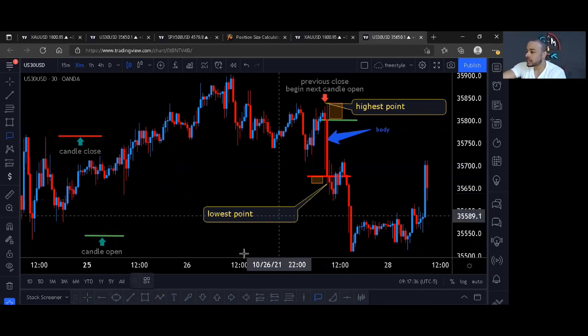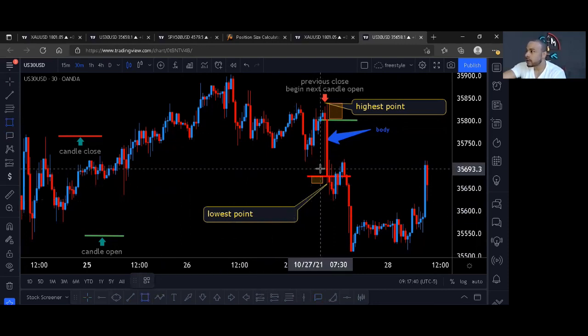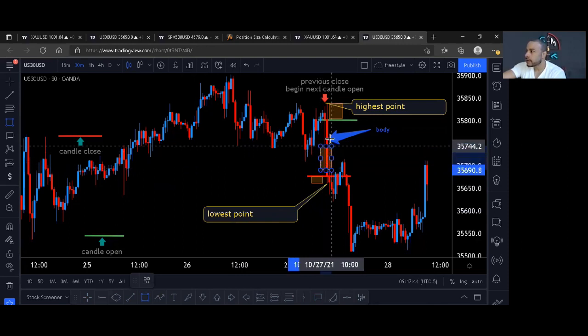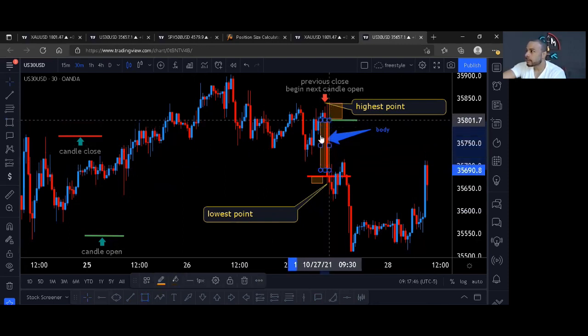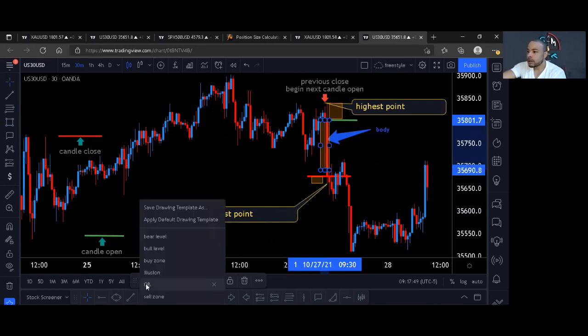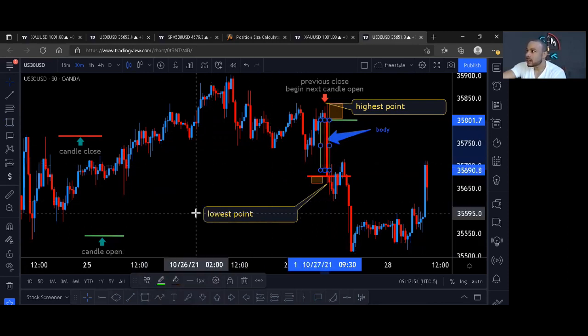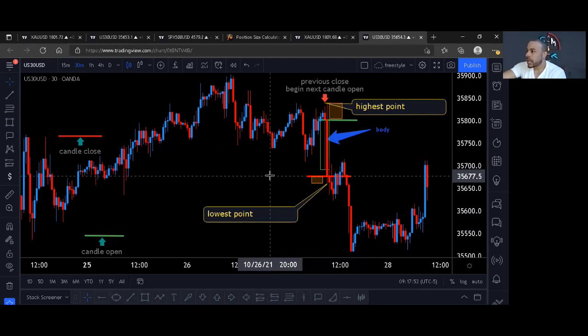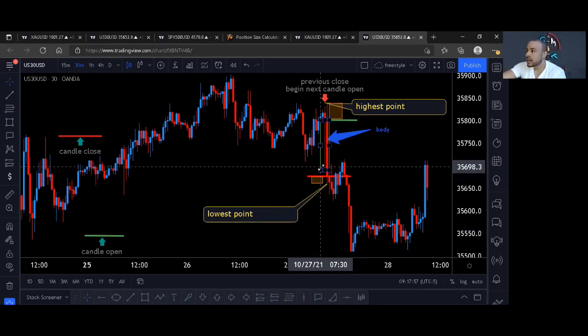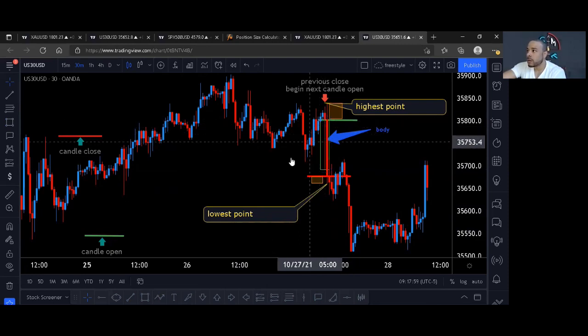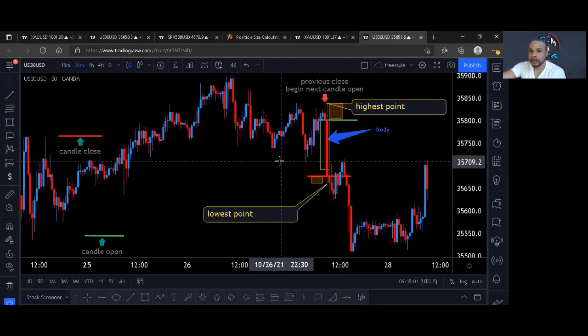When they see this super long wick that I'm referring to right here, they are going to buy, because they say, oh man, look at that long wick, it's going to go up. Let me jump in for a buy.